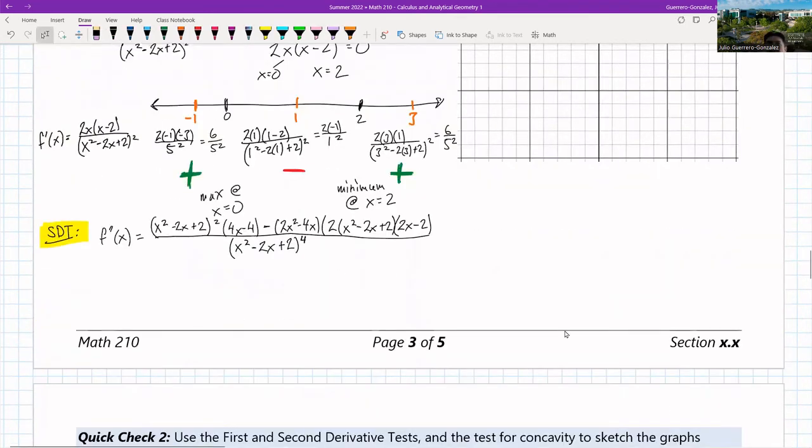If you simplify this, I'm going to at least do that. I highly suggest you go through the math and the arithmetic to reduce this down to something very nice and pretty.